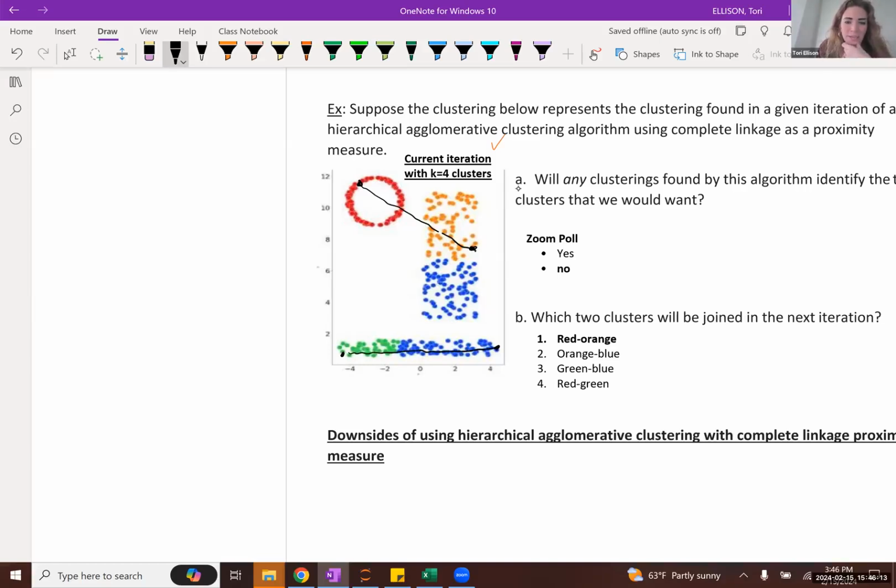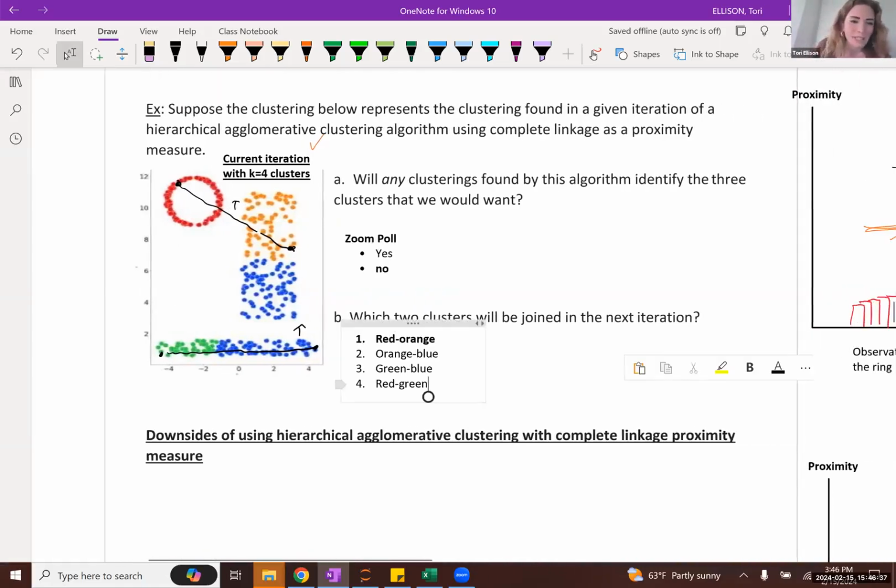We can see that this complete linkage distance is a little bit higher than this one. So the complete linkage distance between red and orange is actually the smallest out of all possible complete linkage distances between each of these four clusters here. I realize this distance looks somewhat close to this distance, but this one does in fact end up being the smallest.